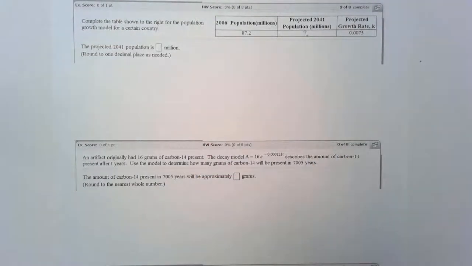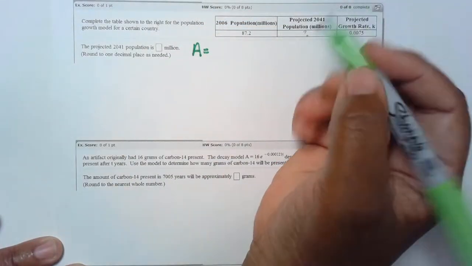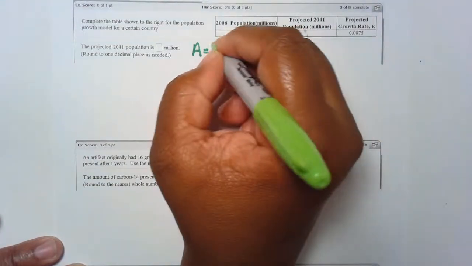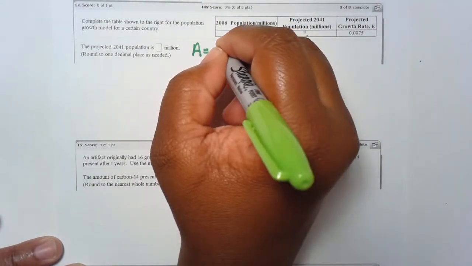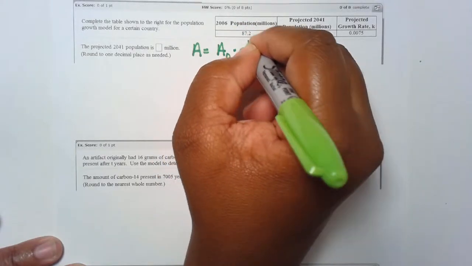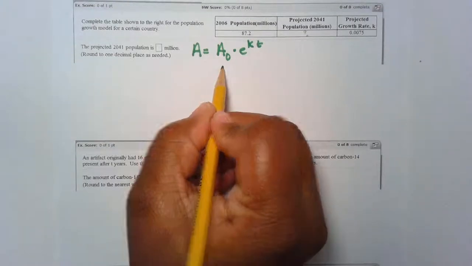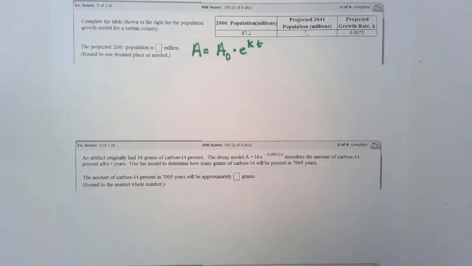So recall our model for exponential growth, which is A is equal to, or we can say f of t, or A is equal to A sub 0 times e to the k times t. So let's identify some information that's given. Well, A sub 0, what did we say that represented in our model?